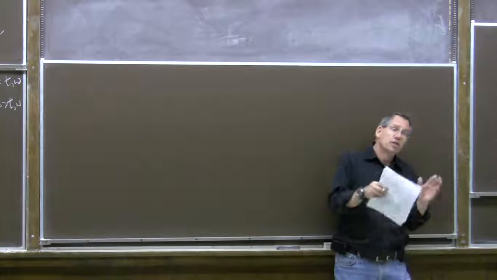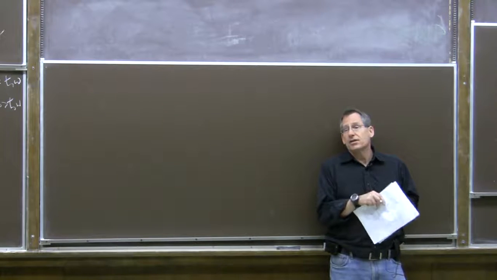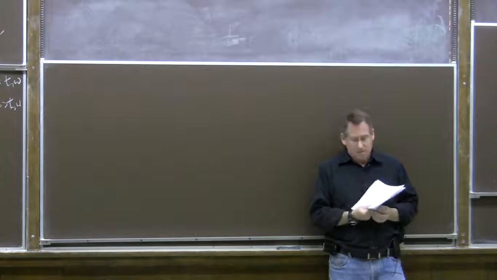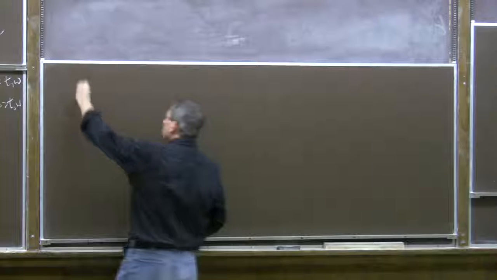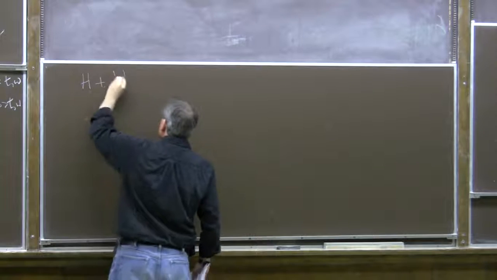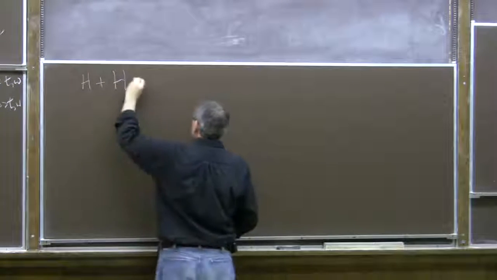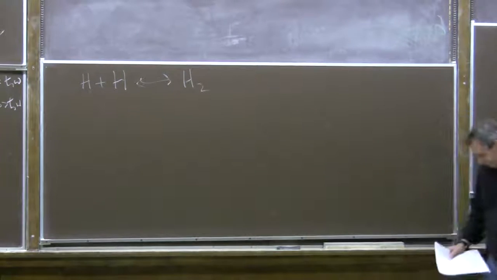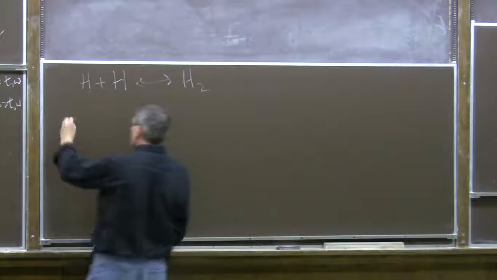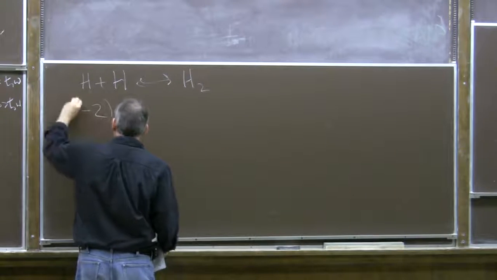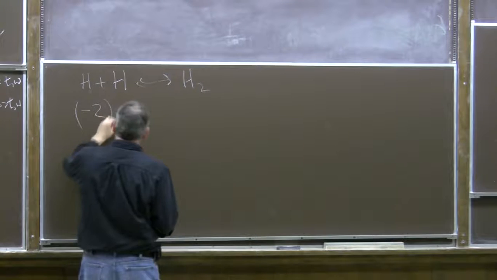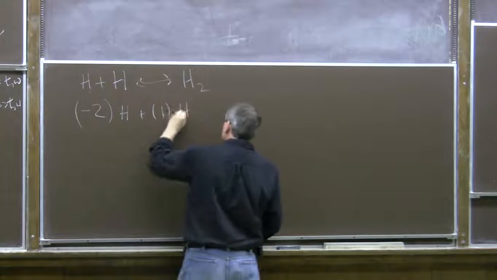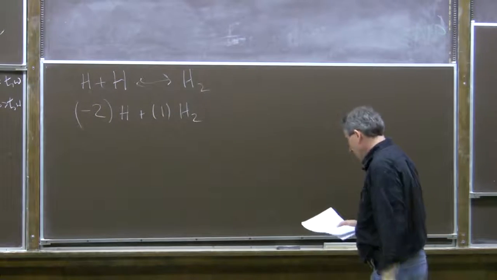A hydrogen molecule can dissociate into 2 hydrogen atoms, or 2 hydrogen atoms can combine to give a molecule. So we can consider the reaction hydrogen plus hydrogen goes to hydrogen molecule. Or if you want to write it as a chemical equation, minus 2 H plus 1 hydrogen molecule equals 0.